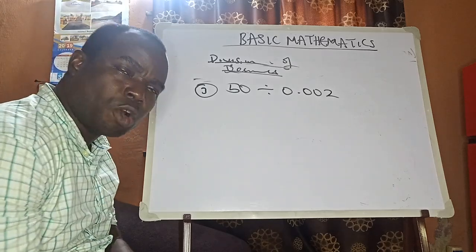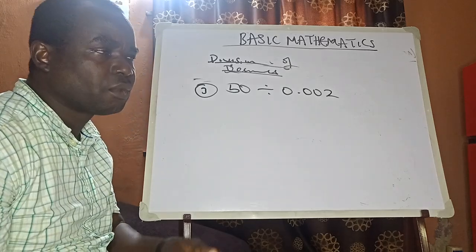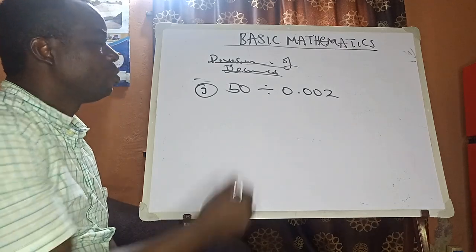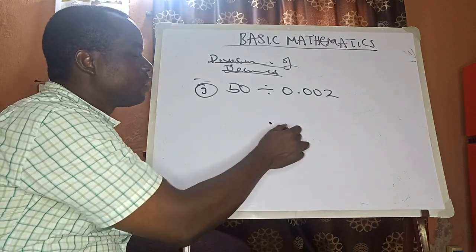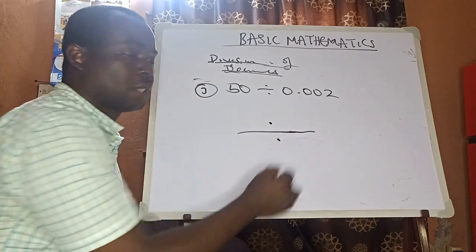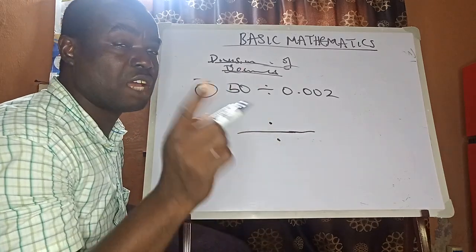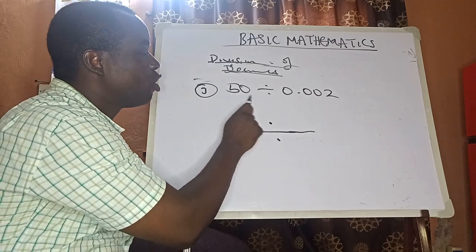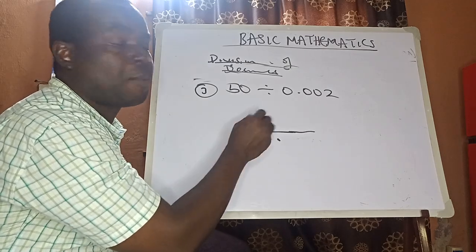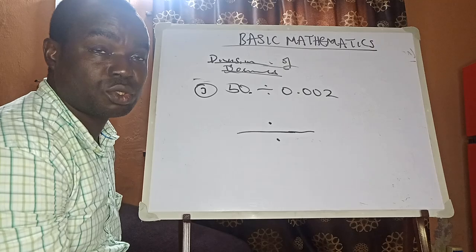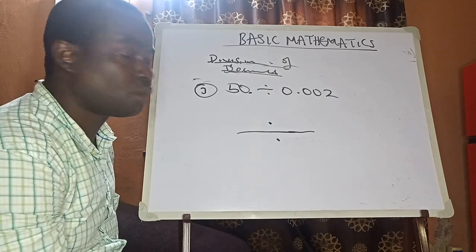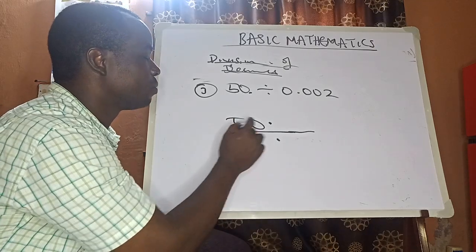That is dividing a whole number by a decimal, is it not? How do you do that? So I will still do my point over point. Are we good? I told you in addition in the other video that if a number doesn't have a decimal point, it is in front here. That's what I taught you. Do you remember? So what you do now is come here and put 50.